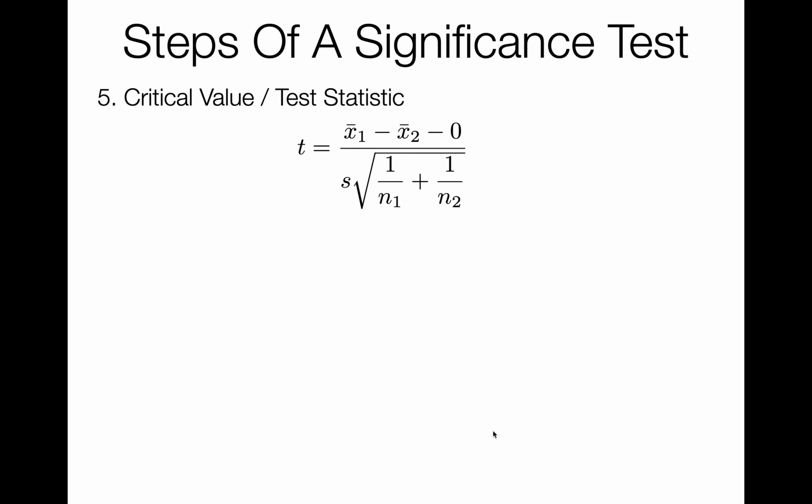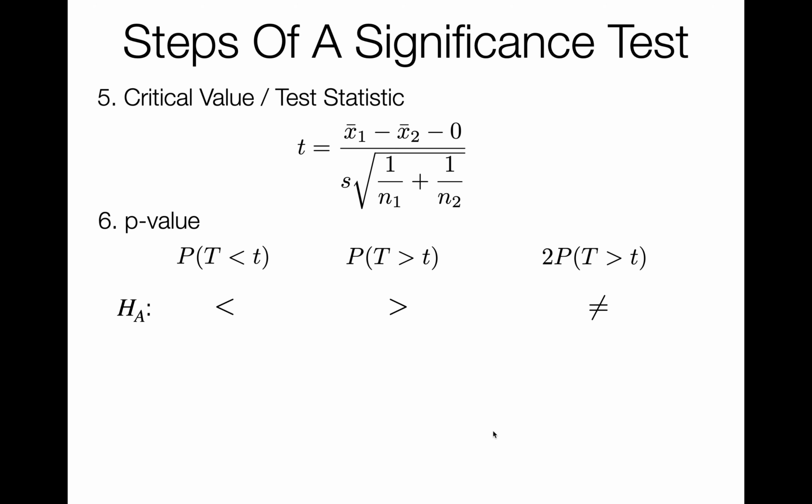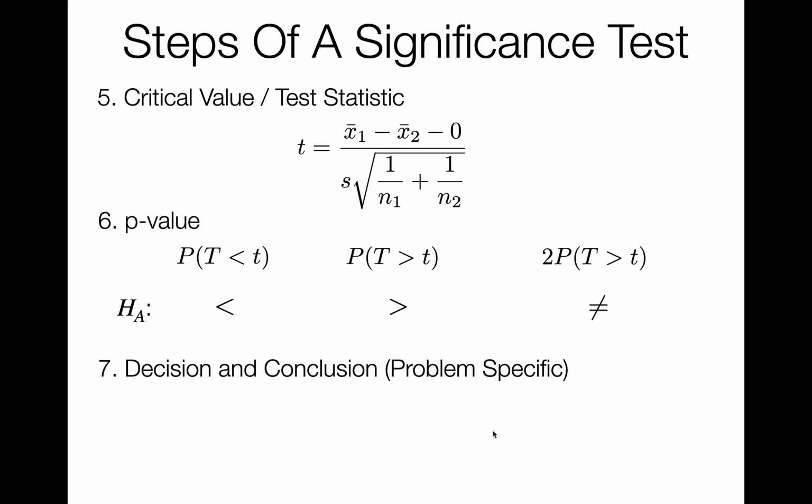The critical value changes slightly in that the standard error is no longer what it was in the unpooled case. It now has this form, which we talked about in the last slide. The p-value, exact same. The exact same way that we calculate it. And then the decision and conclusion, again, are going to be similar to what we're used to.